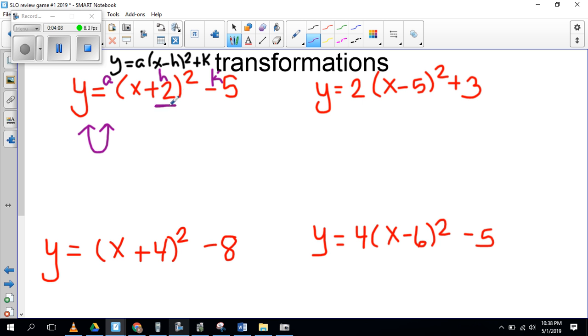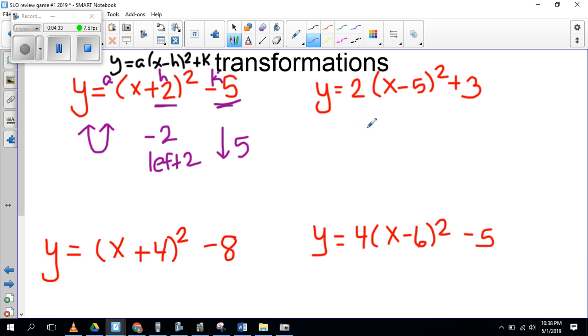Okay, your H is a positive 2, so I'm going to pull it out, make it a negative 2. So the direction it's going to go is left 2. Okay, and then my K is negative 5. So remember, it would go down 5. So that's the transformations that will happen in that. Okay, so you can pause this video and try the other ones.